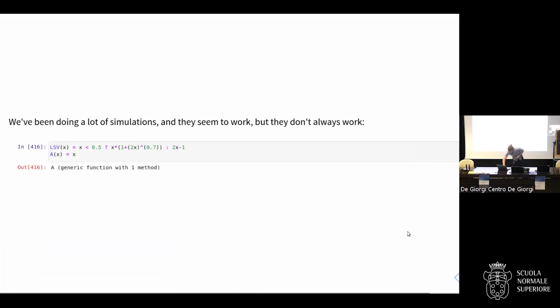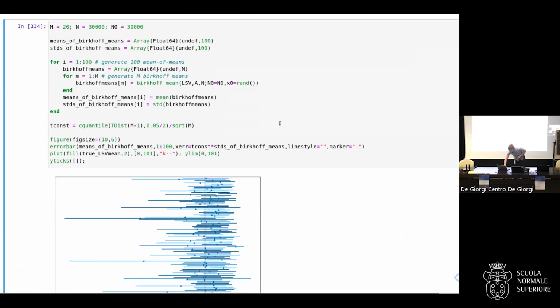Okay. Apologies. So we have this LSV map, and if we run it, well, this one doesn't have exponential decay of correlations, and you can see here that all our Birkhoff estimates are really quite crazy.